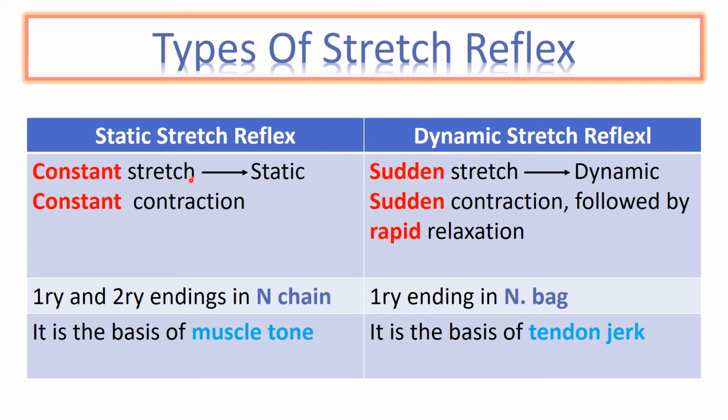Constant stretching leads to static constant contraction of the muscle, because the nuclear chain maintains its discharge because they are slowly adapting, as we mentioned before.